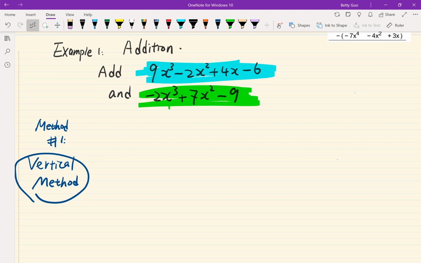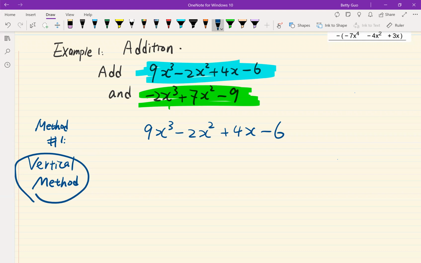I'm going to put the blue on the top: 9x cubed minus 2x squared plus 4x minus 6. Is this polynomial in blue already in standard form? Yes, 4 terms, degree 3, right?